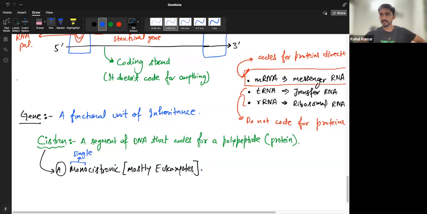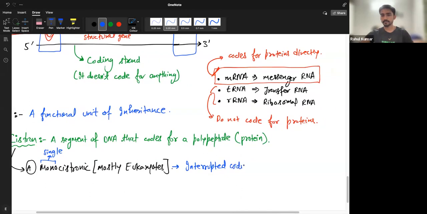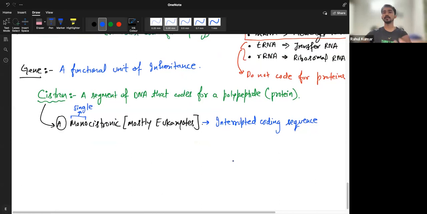Monocistronic structural genes have interrupted coding sequence. Now, this is a very unique feature of eukaryotes like humans and all other eukaryotes.